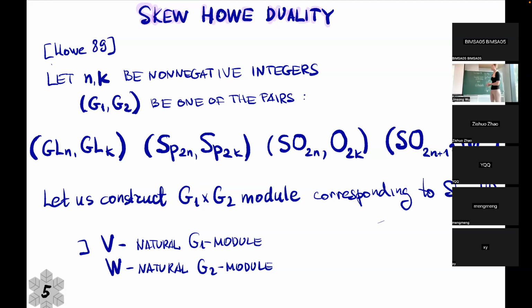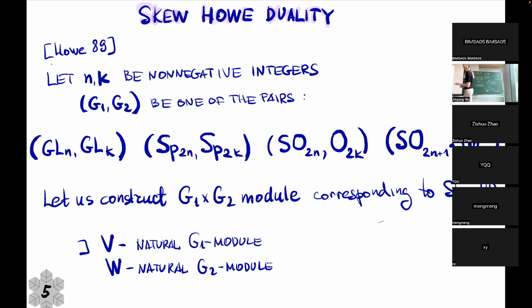So let me tell more about the Skew Howe duality and what it is all about. In 1989, in the article of Howe, he showed the dual pairs of Lie groups. And later, the bimodule for these pairs of Lie groups was described explicitly.